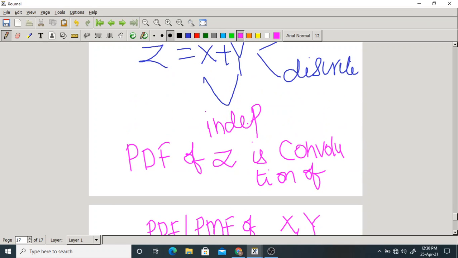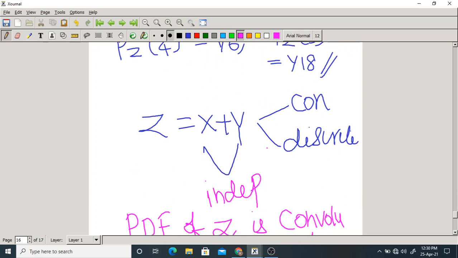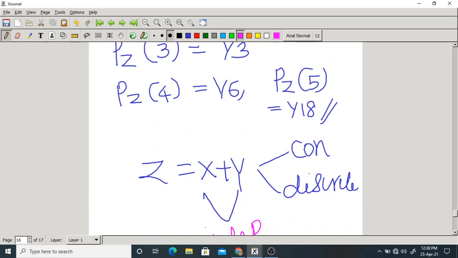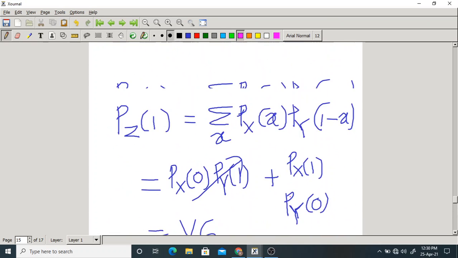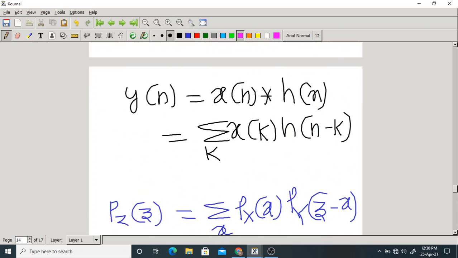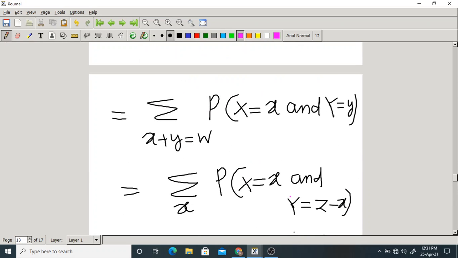Please remember, this convolution is true only if they are independent. Otherwise, formulas would be different. So this is about one function of two random variables. Okay, so we stop here.